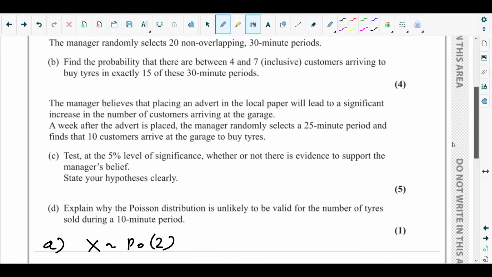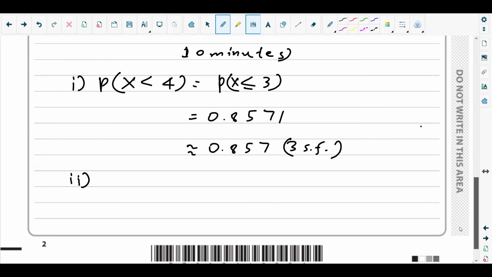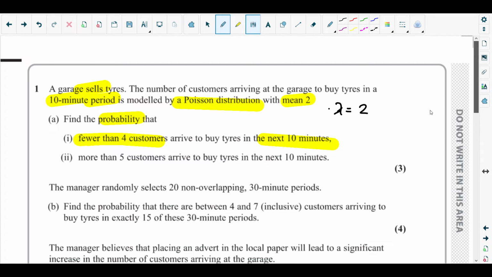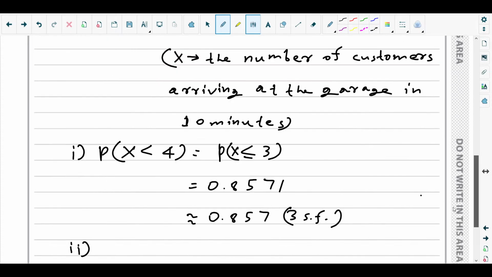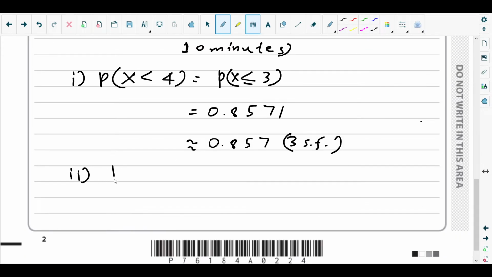Okay, more than 5. So the probability of X greater than 5, it should be 1 minus what? We need to convert the greater than into a less than or equal. Why?